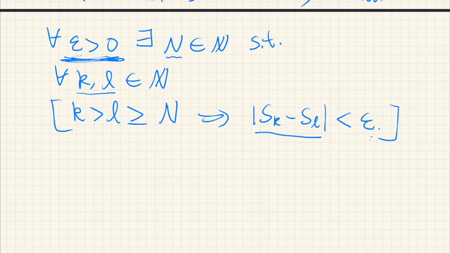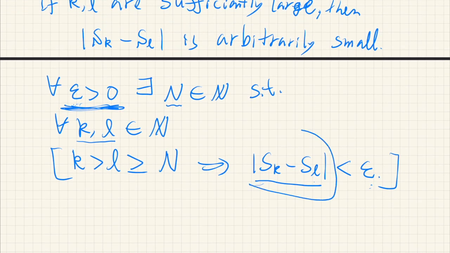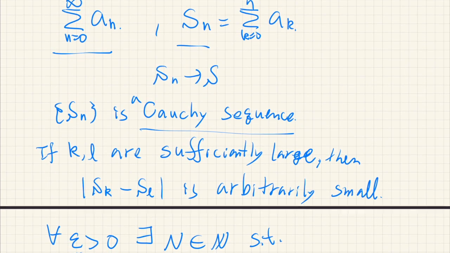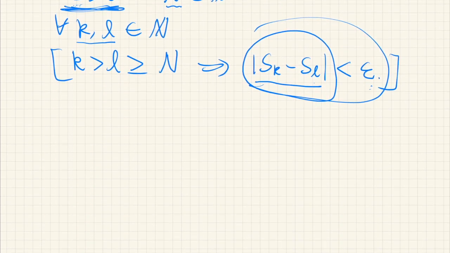As we have learned in basic calculus, a sequence converges if and only if it is a Cauchy sequence. Now if we apply this to the partial sum, Sk is A0, A1, A2, and so on, and we're assuming k is greater than l.